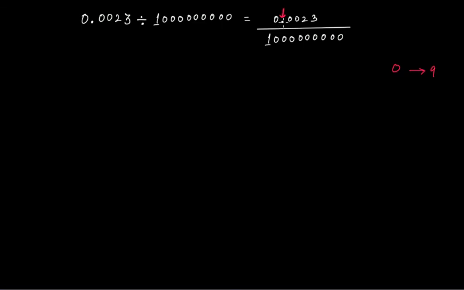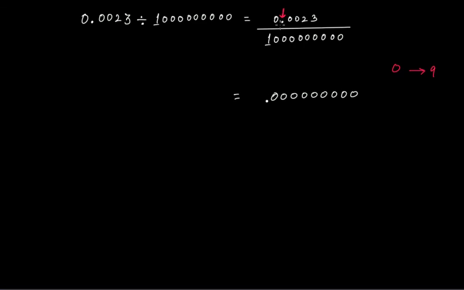It means that just write total 9 zeros, 1, 2, 3, 4, 5, 6, 7, 8 and 9. These 9 zeros, and place your decimal point here, because you have to count 9 digits to the left of this decimal point.